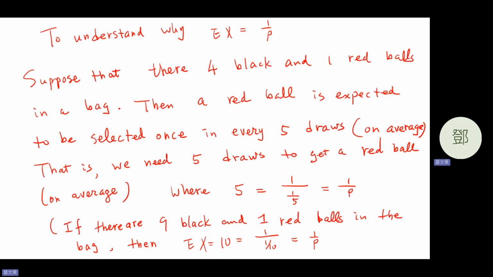He needs 100 blind dates. Understand? So that's the interpretation of the formula 1 over p. The more likely you are to succeed, the fewer expected trials you need to make one success. Understand? Any question?